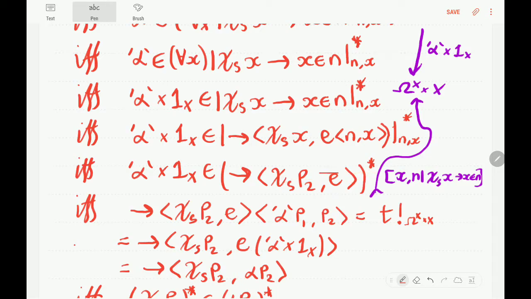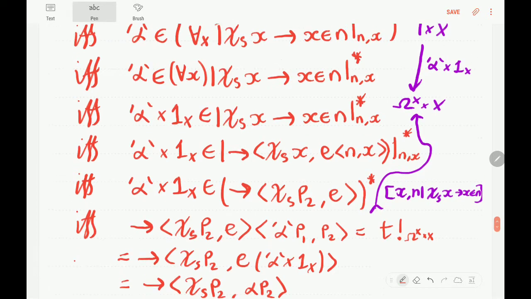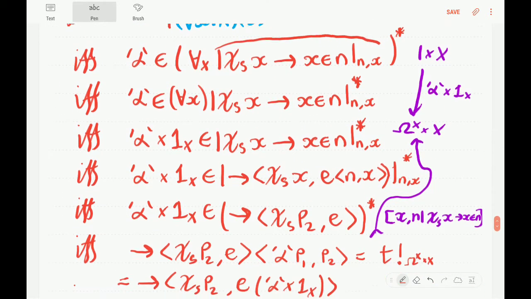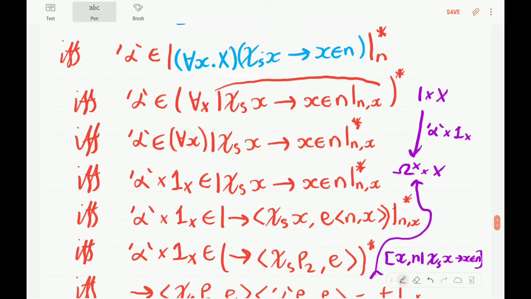And so we're basically saying that name of alpha is in our original extension is equivalent to saying that name of alpha times identity is in the subobject classified by implies chi S of p2 comma e.